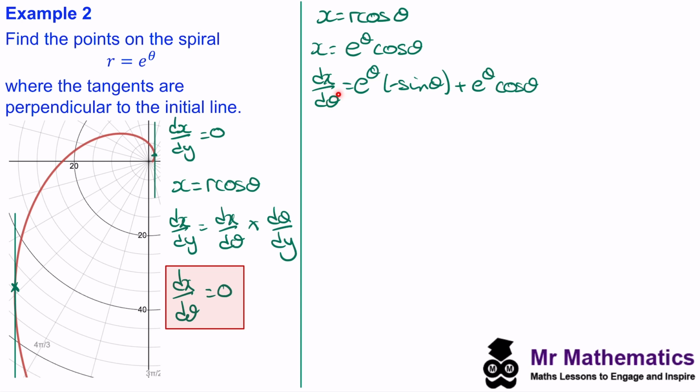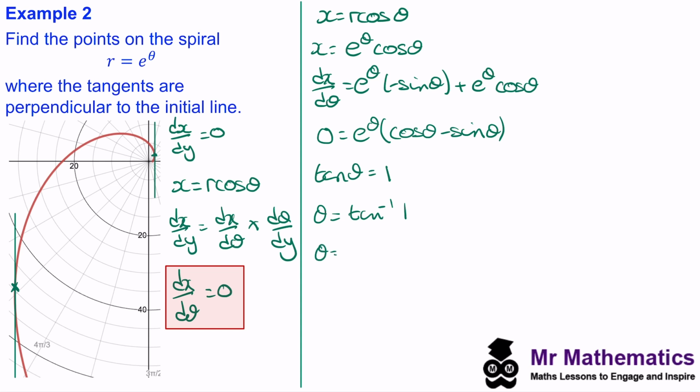And we're setting this to equal 0. And again, we can factorize out e to the power of theta. And to make this a little bit tidier, I'm going to write the cos theta first. So cos theta minus sine theta. Again, we can divide by the e to the theta. So this time, tan theta will equal 1. We'll take the arctan of both sides. So theta will equal the arctan of 1. Theta will be pi over 4.